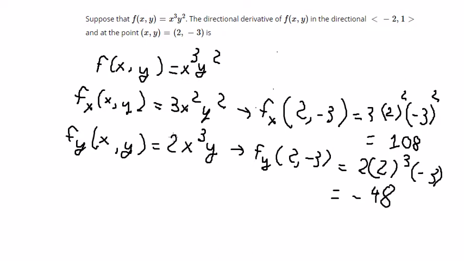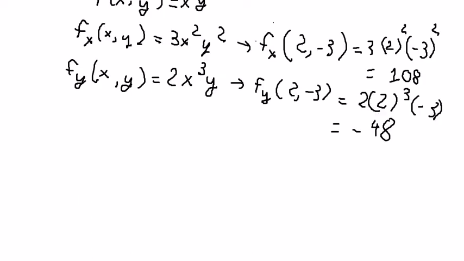Now we go to the vector in here. So we got about vector u in here, and we got about v and the magnitude of v. That should be like this.